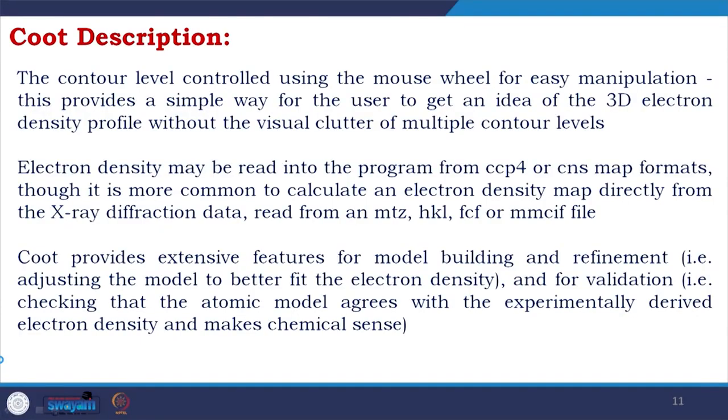The library comes from CCP4. So, it could provide extensive features of model building and refinement, and for validation, checking that the atomic model agrees with the experimentally derived electron density and makes chemical sense or not.